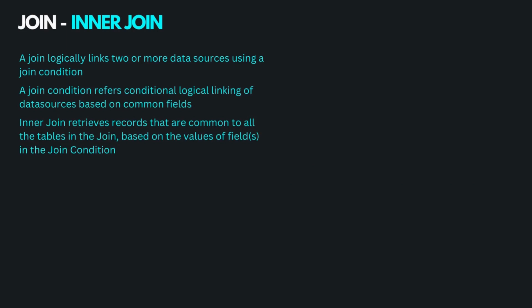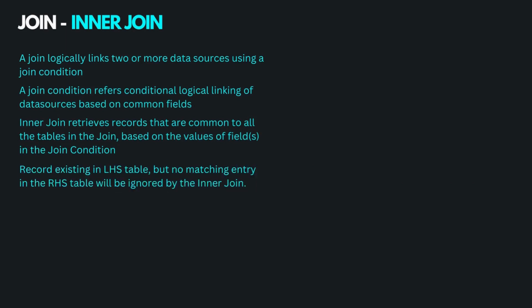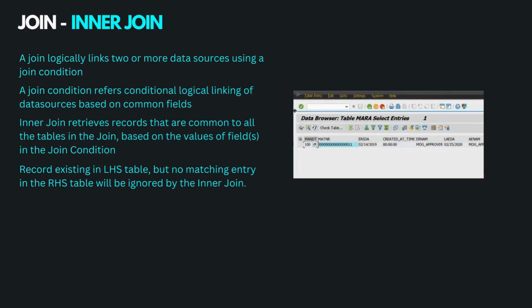If the join condition field has a certain value in the left-hand side table, and there is no match for this in the right-hand side table, it will not be retrieved by an inner join. This is the reason why the record with the material number 11 was present in the MARA table, but it was not present in the EKPO table, and therefore it was not present in the view output.